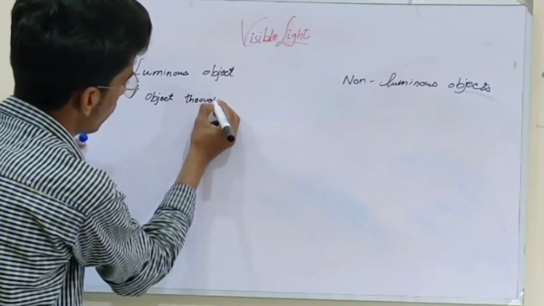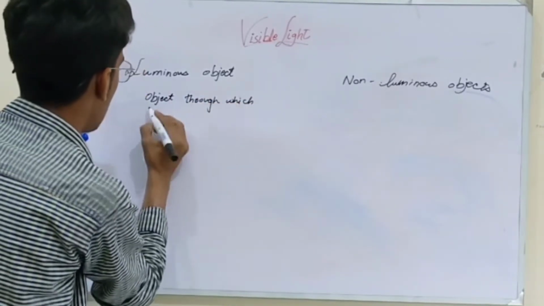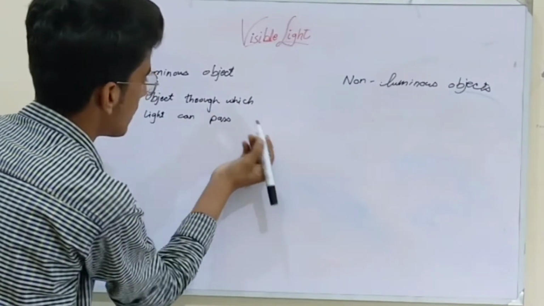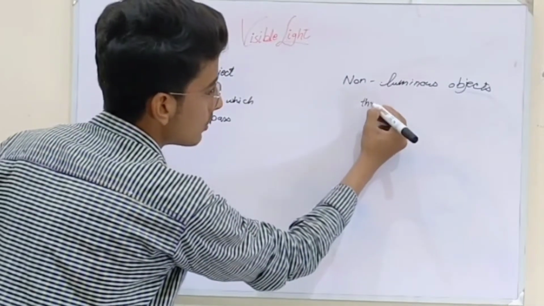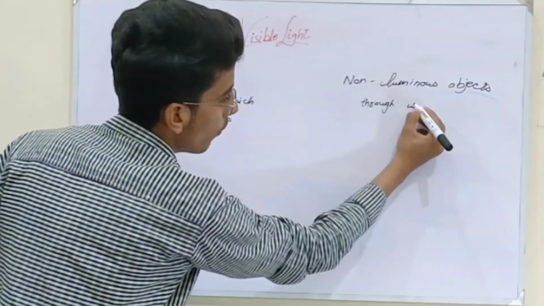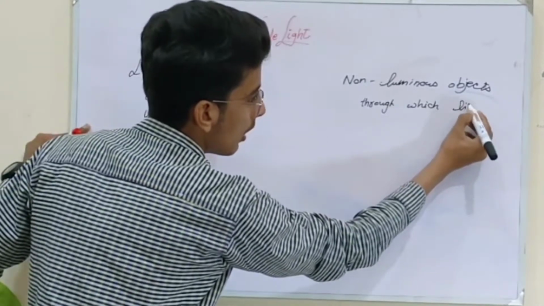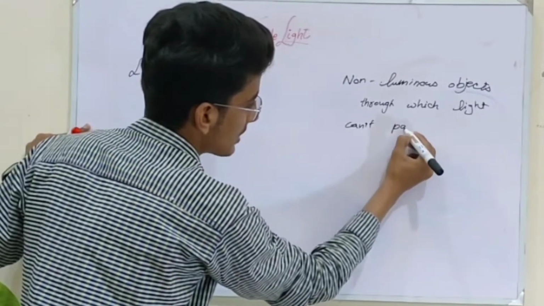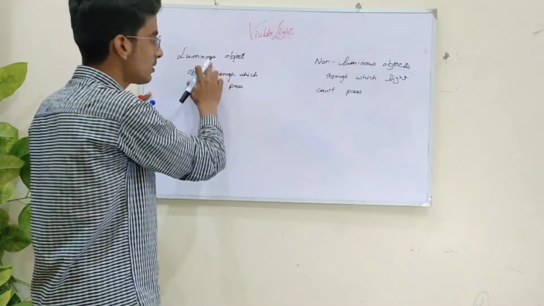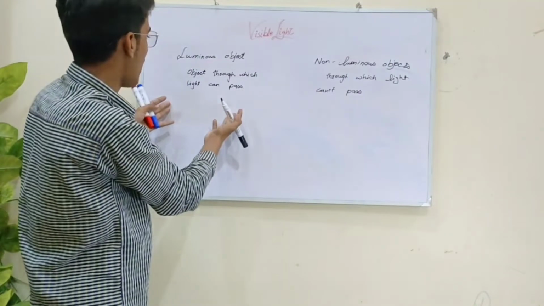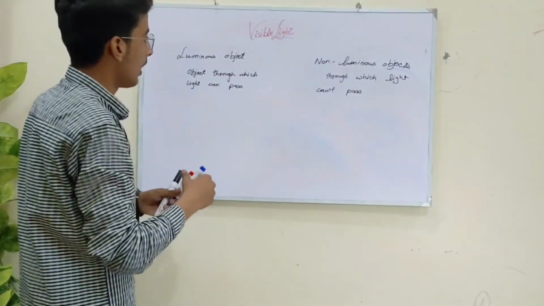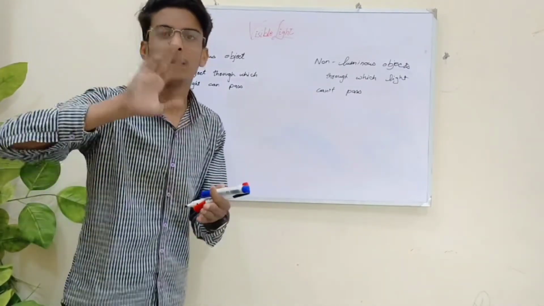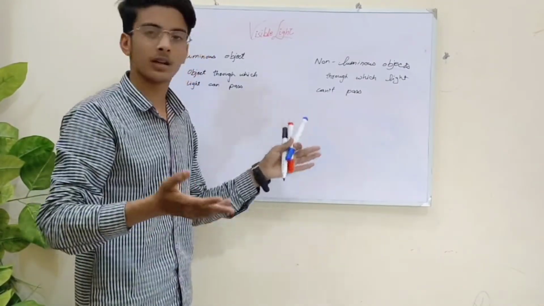We can have examples of luminous objects like glass, and non-luminous objects like any board painted with black color. Those are non-luminous, through which light cannot pass.